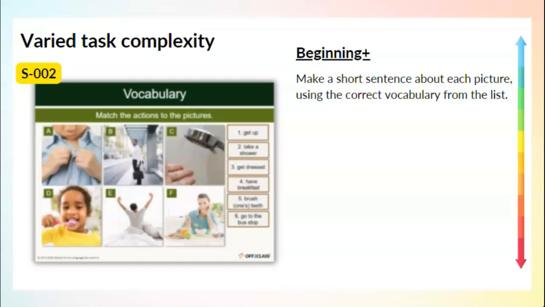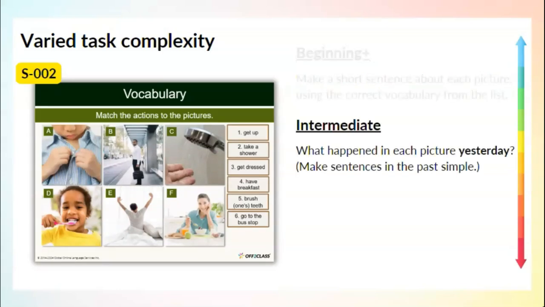Another great strategy for mixed level classes is varied task complexity. Since this is a lesson for beginners, you can have them match the actions to the pictures as it says on the slide. Your more advanced beginners could make a short sentence about each picture using the correct vocabulary from the list, while your intermediate students write sentences about what happened in the pictures yesterday, which would help them practice the past simple.